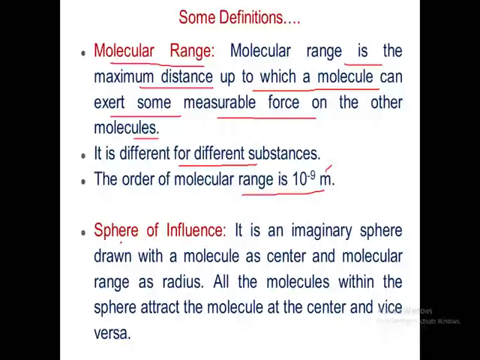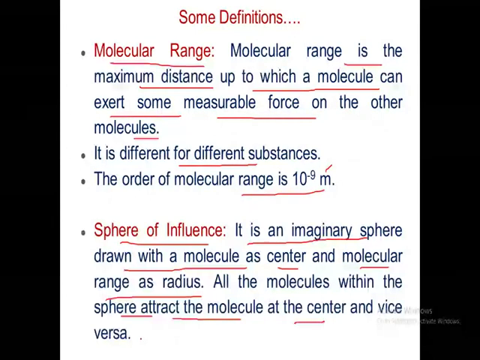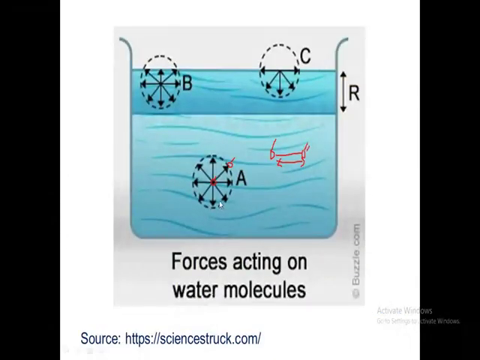Then we have something called sphere of influence. So what is sphere of influence? It is an imaginary sphere drawn with a molecule as a center and molecular range as radius, and all the molecules within the sphere attract the molecule at the center and vice versa. What it means? Let's take this example.